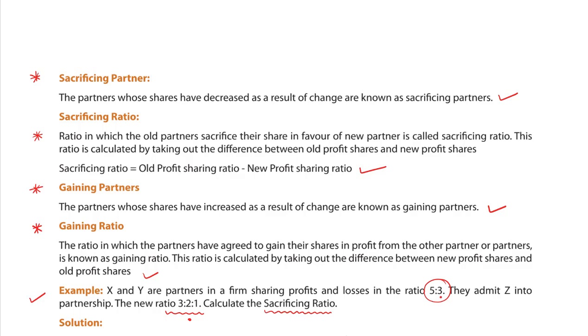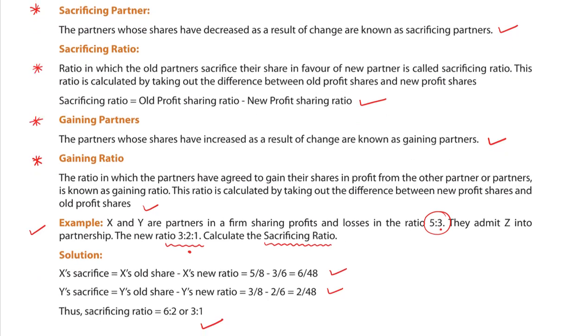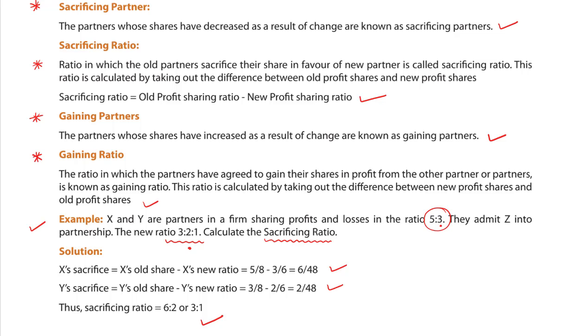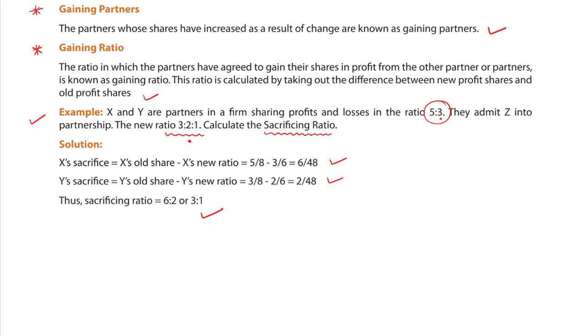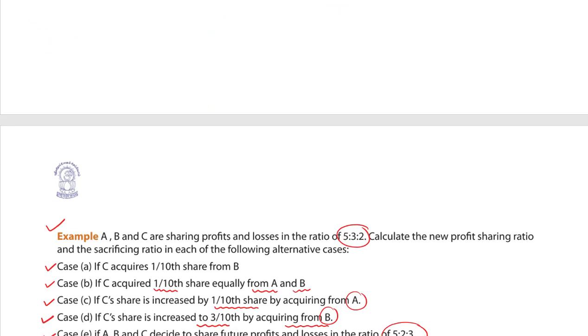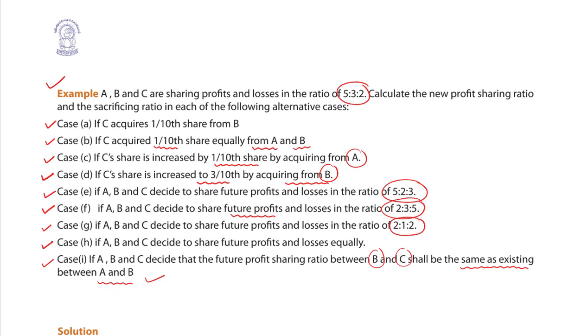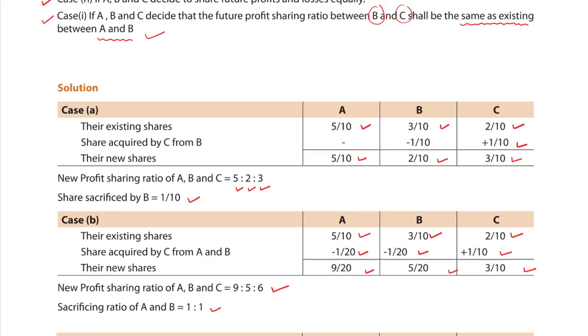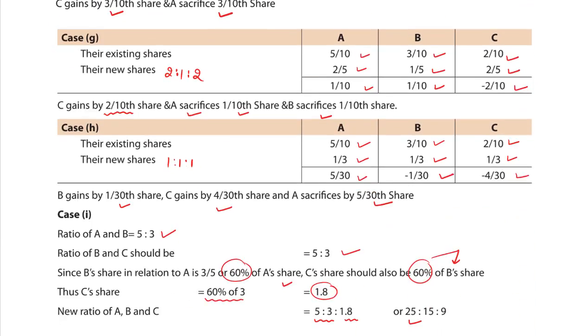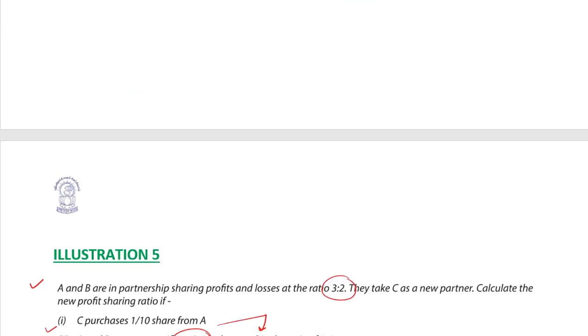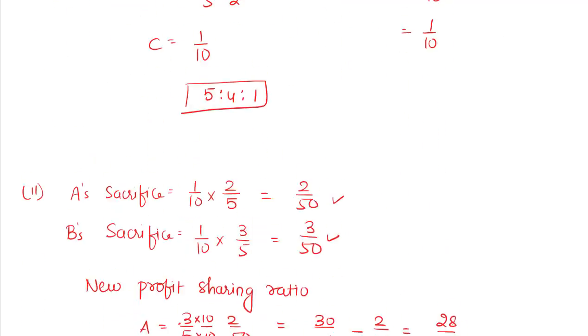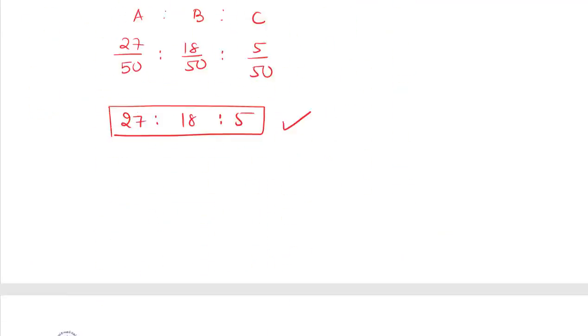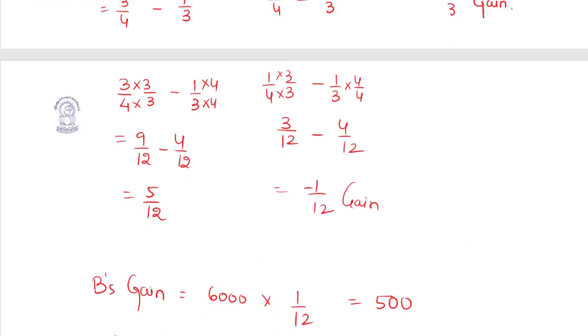We have learnt about the sacrificing partner, that is sacrificing ratio. We have also learnt about the gaining partner, that is gaining ratio, and done several examples in relation to these, detailed cases of how to find the new ratio from several different perspectives. Then we started with the illustration part and practiced the provisions that we have learned.